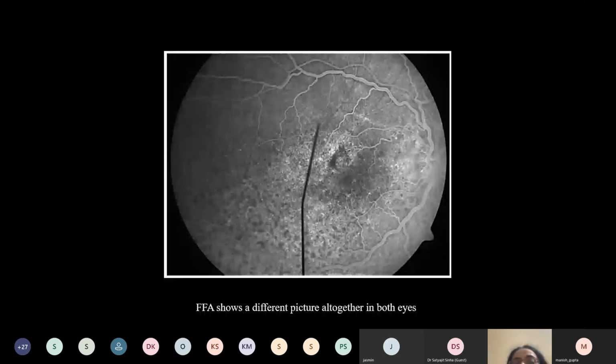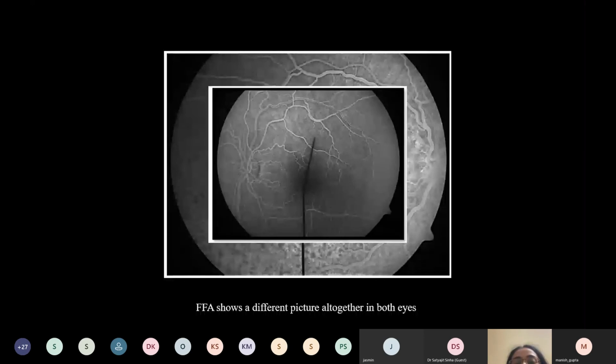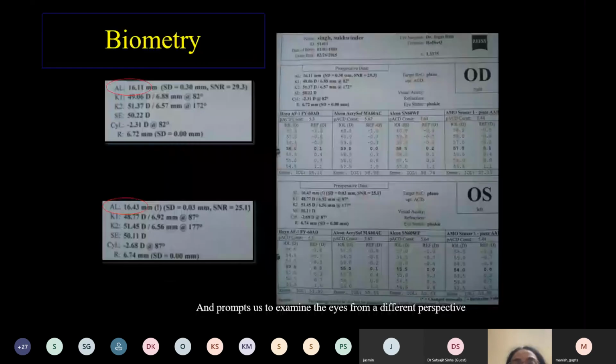Nothing similar to what we saw in case number 1. And as we move on, the left eye is almost normal, absolutely normal. So we don't see any features of dye leak or dye pooling. So we move on. We pay attention to the biometry and it shows that the axial length is very small in both the eyes.